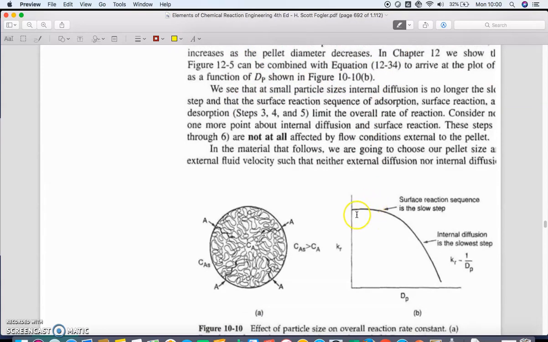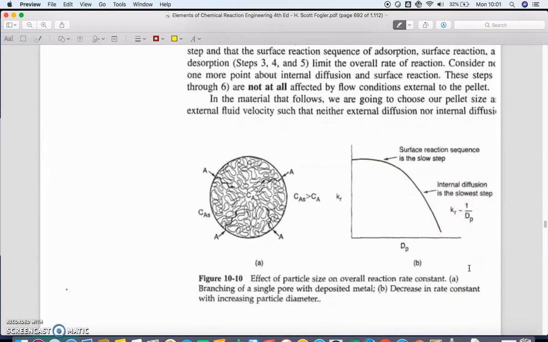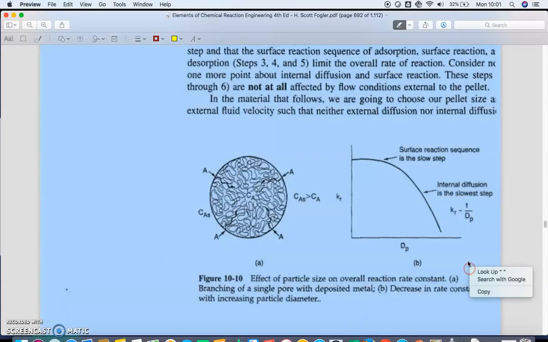If you look here, when you increase the dp, your reaction constant will go down. So it is inversely proportional. In order for you to increase the reaction rate, you need to have a smaller catalyst size.